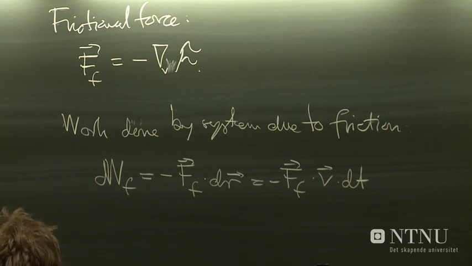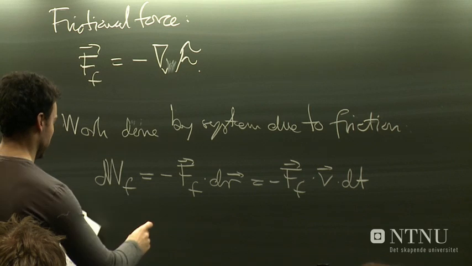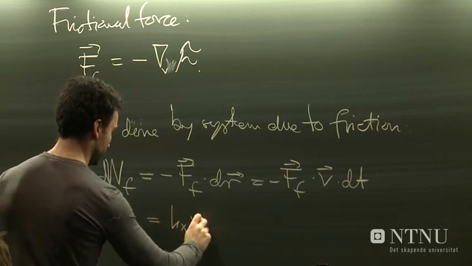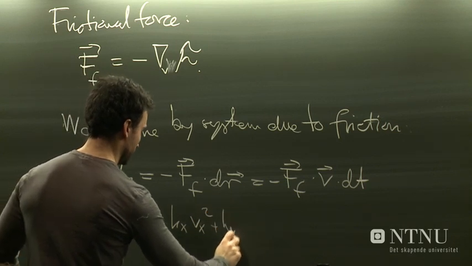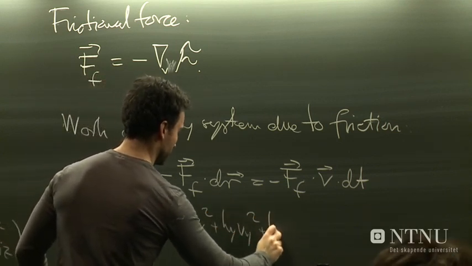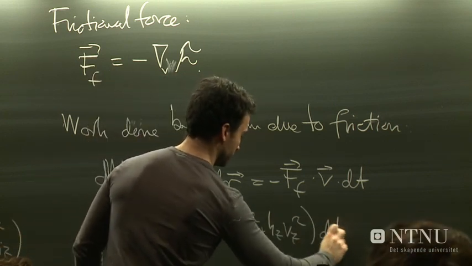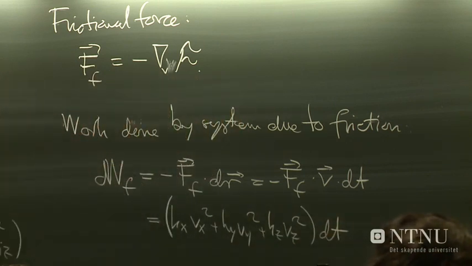And by then using this Rayleigh dissipation function and this relation here, we get this. So I just omitted the sum over i here. So we're just considering one particle, for instance, for simplicity.